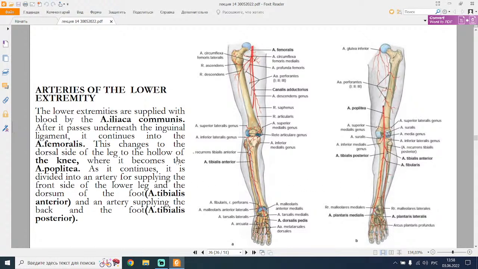This is arteria femoralis, divided into arteria poplitea, divided into arteria tibialis anterior and arteria tibialis posterior.